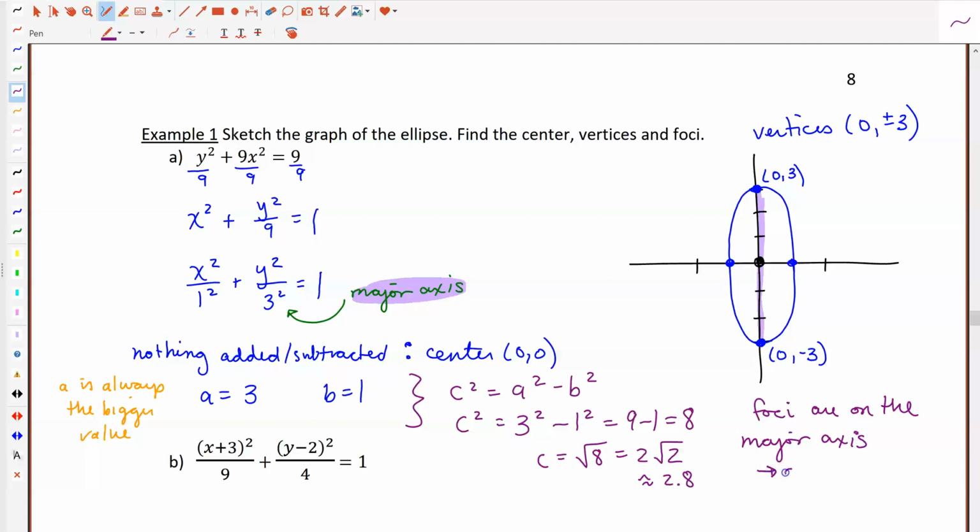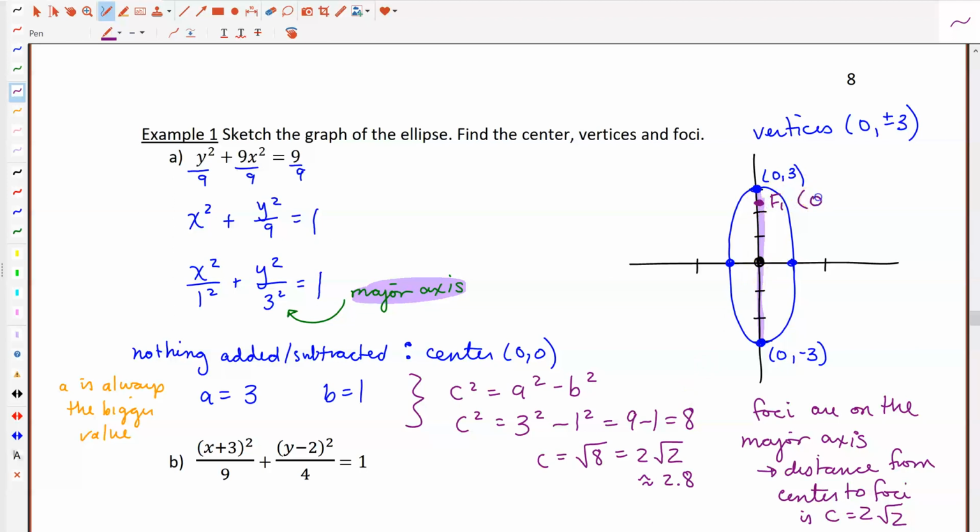All right, so what's going on here is that the foci, these are on the major axis. And we just found that the distance from the center to the foci is that value for c, which is 2 root 2. All right, so from my center, we're going to go up 2 root 2, which is about 2.8. So that's going to be f1.